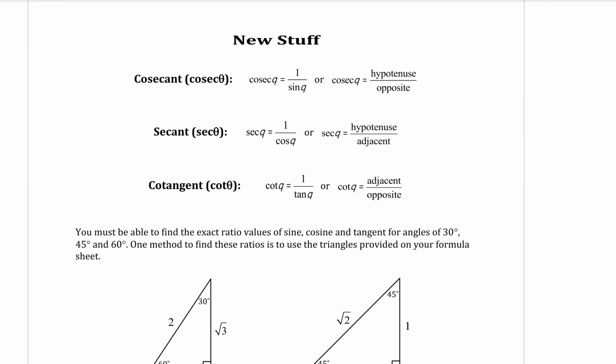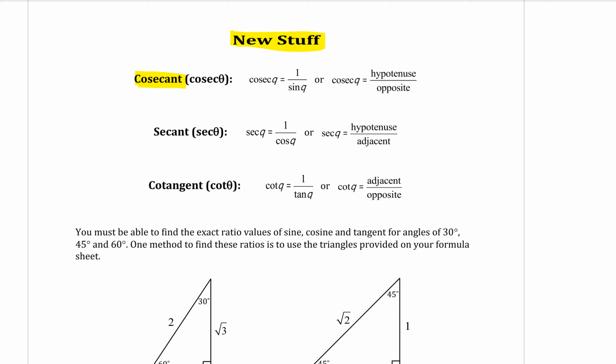Okay, so this is the new stuff. Did you know there is actually 3 more trig functions that you need to learn about? And that is, the proper name is cosecant, but we shorten that to cosec.